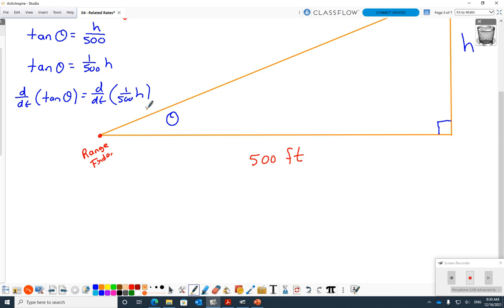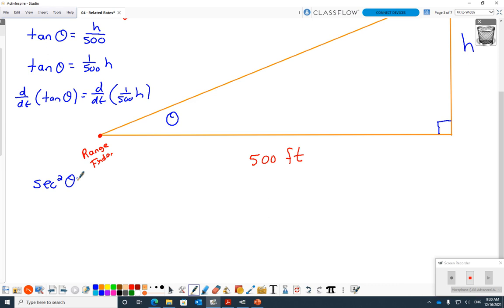Now, this is the derivative of tan theta not with respect to theta, but with respect to some other variable t. So at first, I'm like, okay, well, I can still do tan theta. Derivative of tan theta is secant squared. Good. It was on the memorized board, so hopefully we have that one memorized. Secant squared theta. We don't want to get sidetracked and figure out the derivative of tan in the meantime.